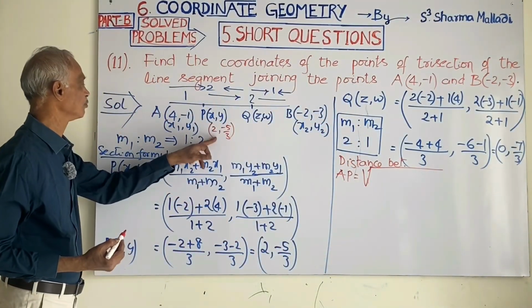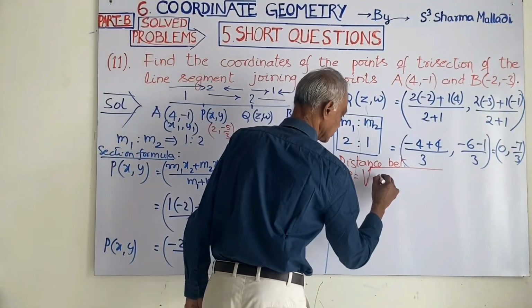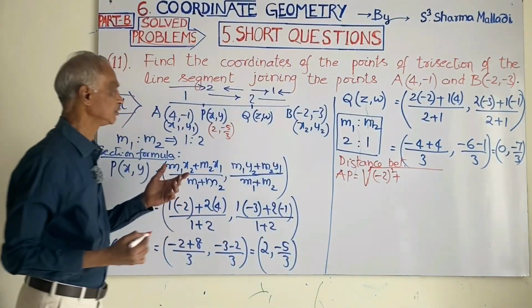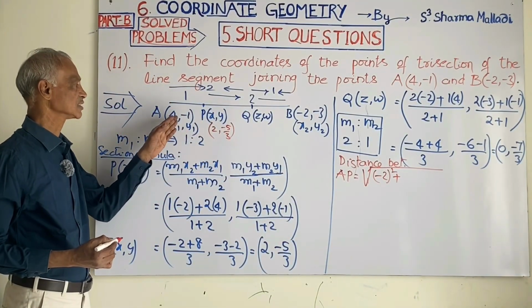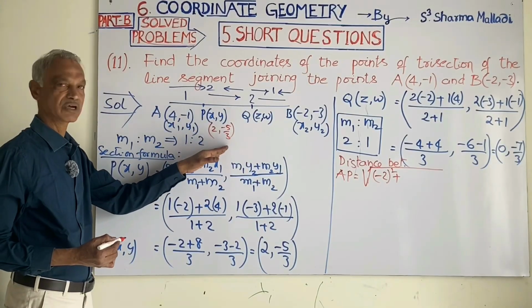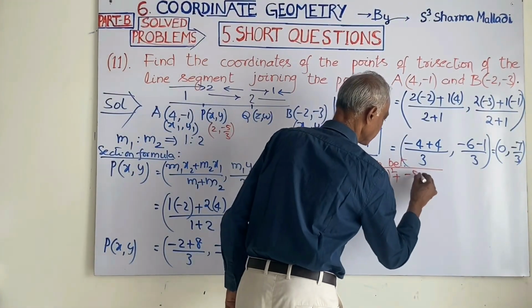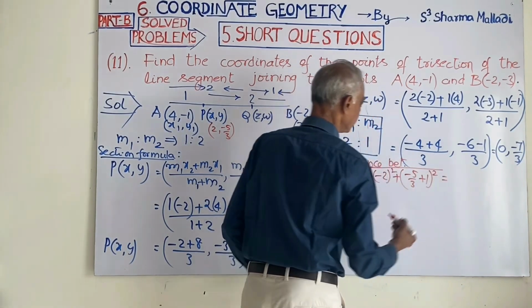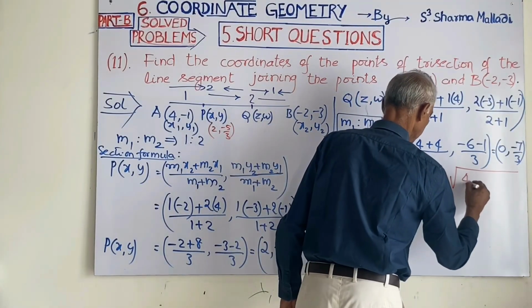Here it is 2 minus 4, which is minus 2, whole square, plus y2 minus y1 whole square: minus 5 by 3 minus of minus 1, means minus 5 by 3 plus 1, whole square. Minus 2 square means 4.